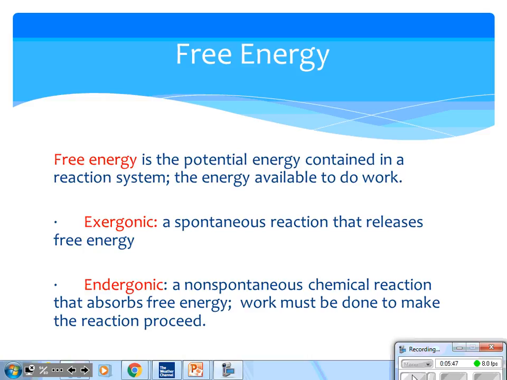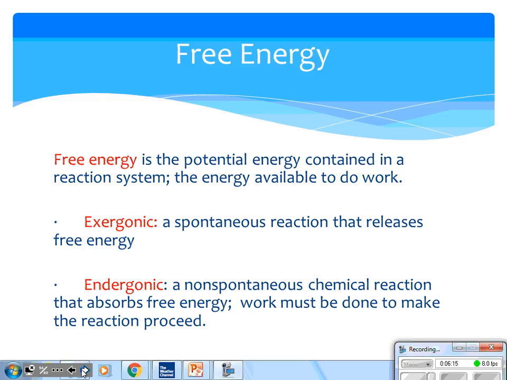Once again, you see the endo, you're thinking inside. An endergonic reaction is a non-spontaneous chemical reaction that will absorb free energy, which means that we must do some work in order for that reaction to proceed.